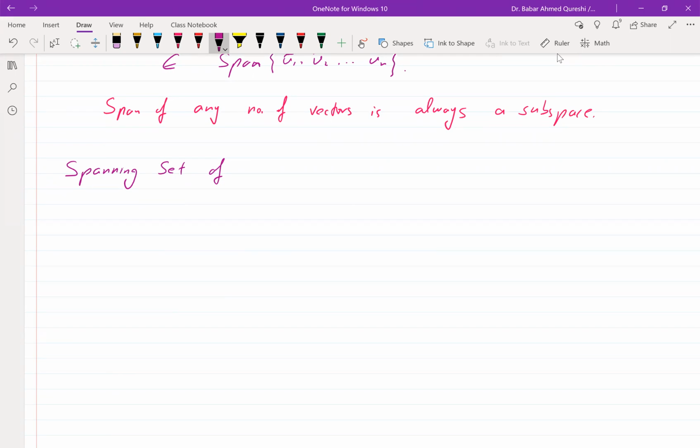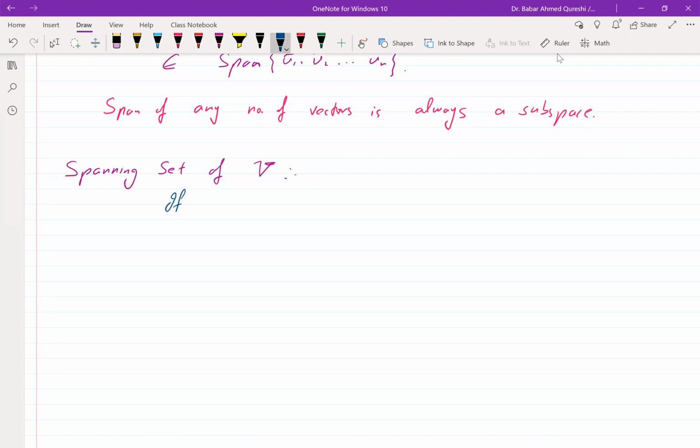Typically, it would be a subspace of your original space. So I can ask, if I'm given a subspace of a vector space or the vector space itself, can I find some vectors which will span it so that if I make a span of those vectors, I get my space back? This is called the spanning set of V.